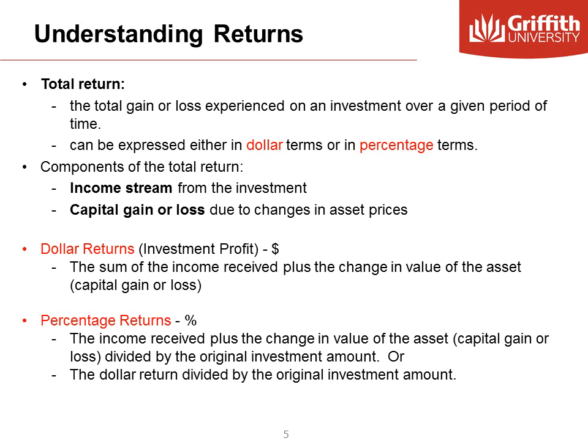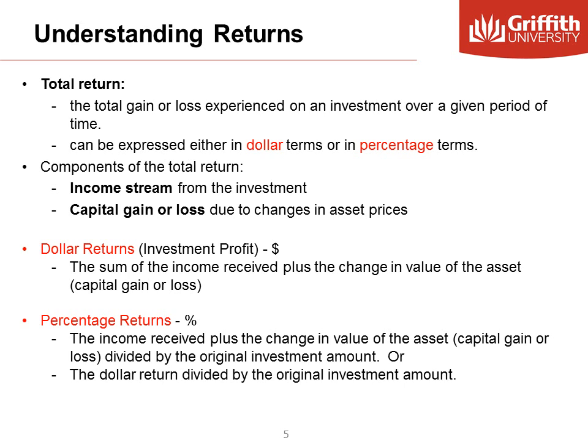So to calculate a dollar return, we add the income received plus the change in the value of the asset, whether it's a capital gain or loss. And to calculate a percentage return, we add the income received plus the change in value of the asset, and then divide that figure by the original investment amount.